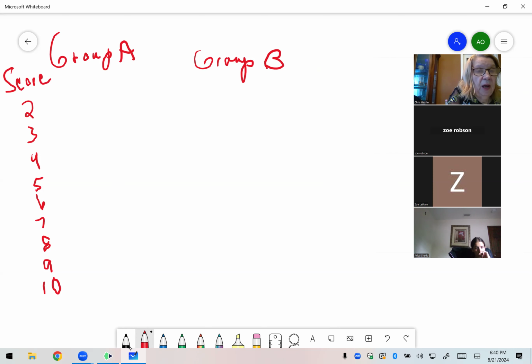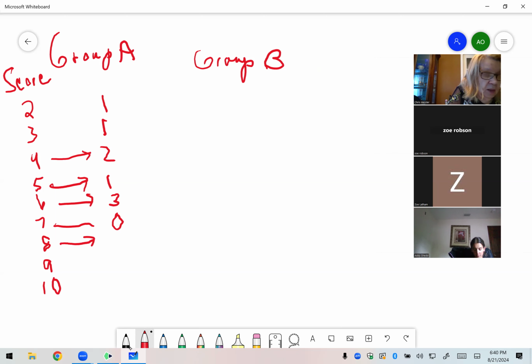And then group A has one that's a 2, one that's a 3, two that's a 4, one that's a 5, three that's a 6, and 8 is a 0, 9 is a 1, and 10 is a 0. Can you write frequency here so they know?